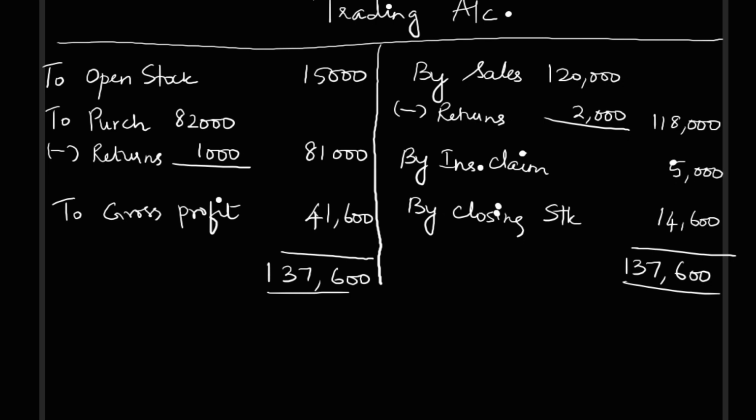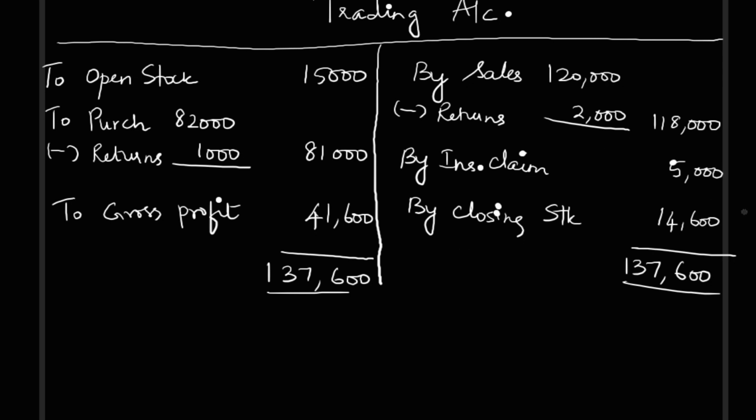So let's start with the trading account. First we post to opening stock 15,000, to purchases minus returns deducted, you get 81,000. Then you have sales and returns deducted, you get 1,18,000. By insurance claim, this is the insurance claim on the stock that was lost in fire, so that is 5,000.